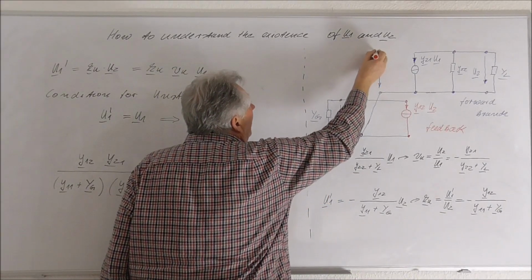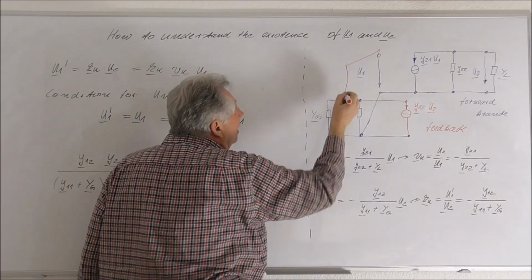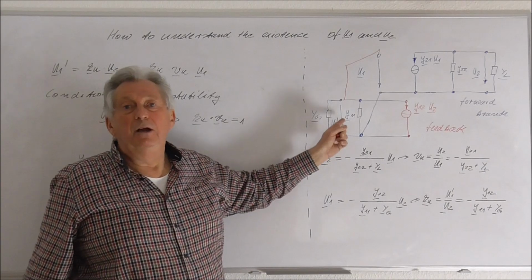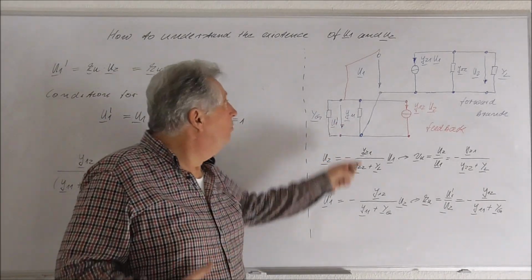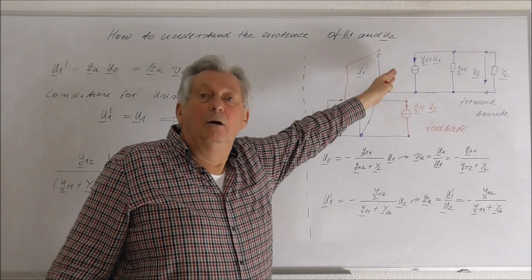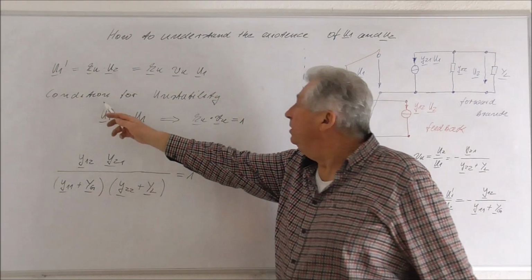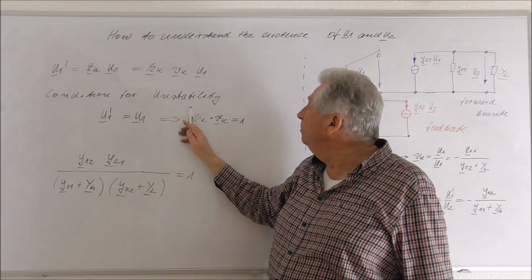And you see, as soon as the voltage U1 prime would be equal to U1, I can in principle connect both points, and then this voltage will be equal, and I don't need to connect a voltage at the input here, and this would be then the condition for instability.